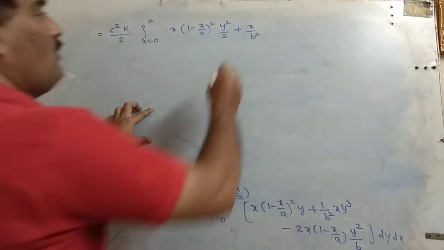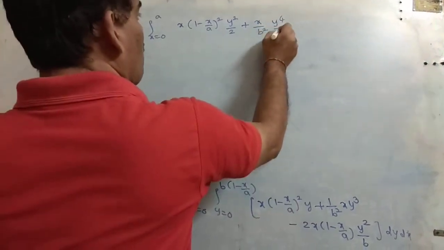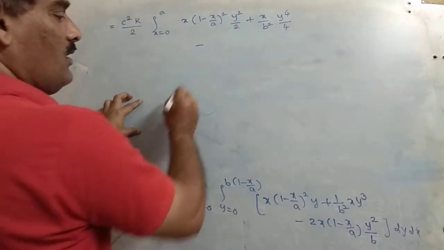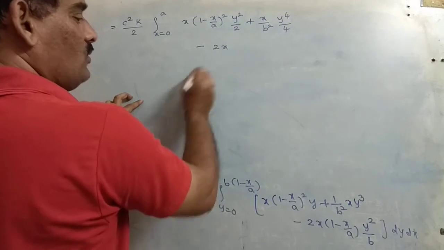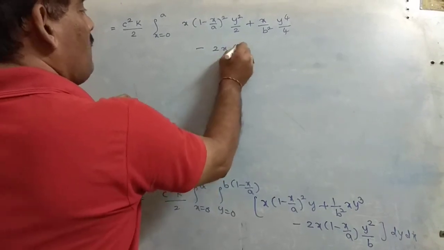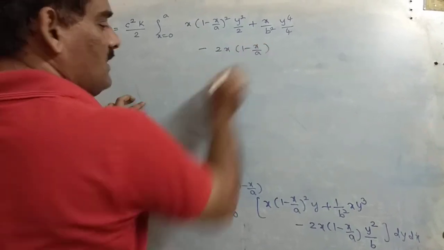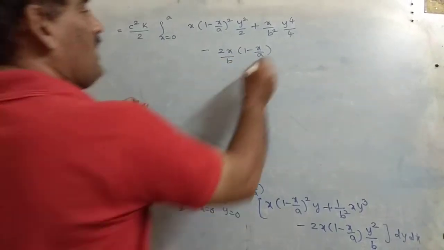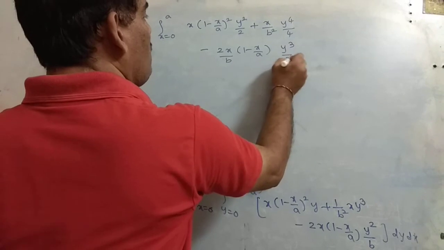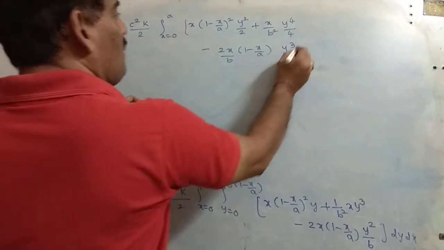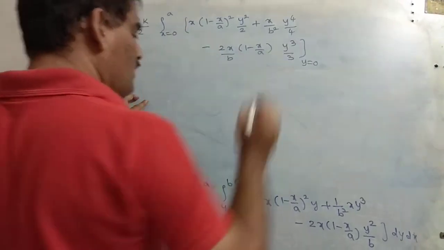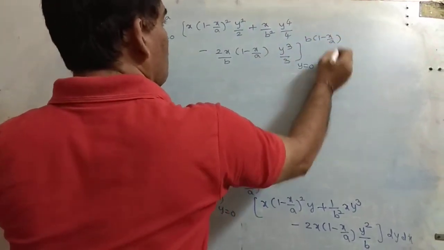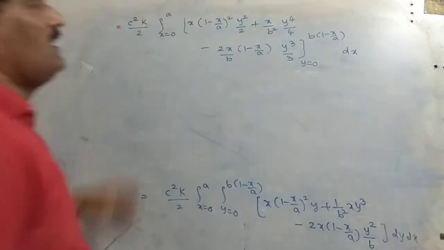The y cube integration is y power 4 by 4, minus, I am just writing here, 2x into (1 minus x by a) as it is, and that b is also as it is. The y square integration is y cube by 3. So overall now you are substituting the y limits 0 to b into (1 minus x by a). Still we have here dx.